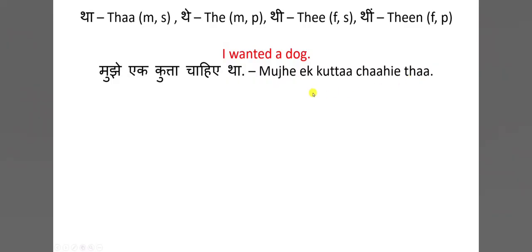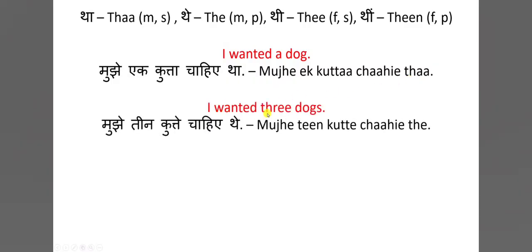Okay? Next, I wanted 3 dogs. मुझे 3 कुत्ते चाहिए थे. Now, we have 3 dogs as the object. And since 3 dogs is plural and dog is masculine, we select the as the be verb.